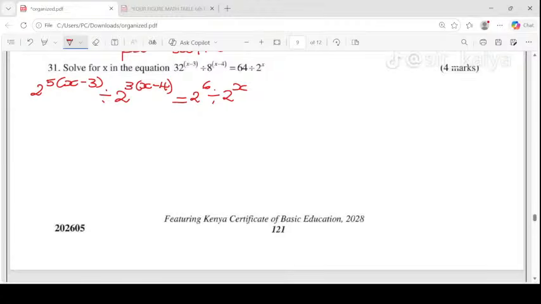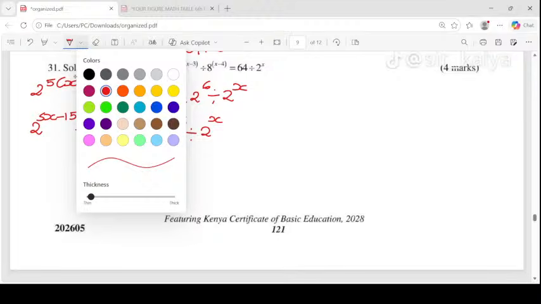Let us open the brackets. So this will become 2 power 5x minus 15, divided by 2 power 3x minus 12. This should be equal to 2 power 6 divided by 2 power x.